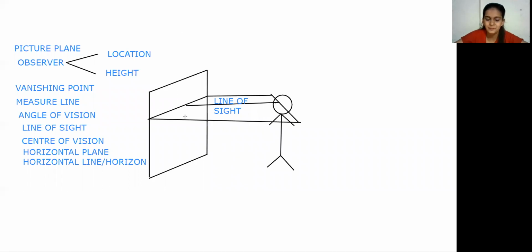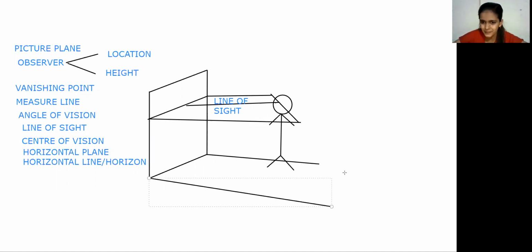Now next thing, where does the observer stand? On a ground or on a ground plane. Suppose we are standing on the ground. Consider the ground as a ground plane. So it's a ground plane where the observer stands.